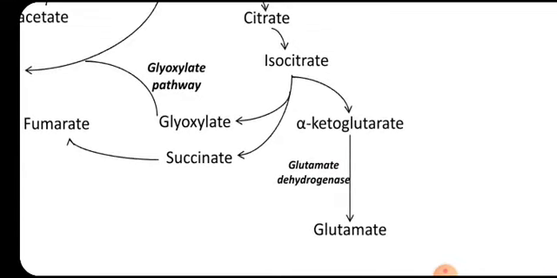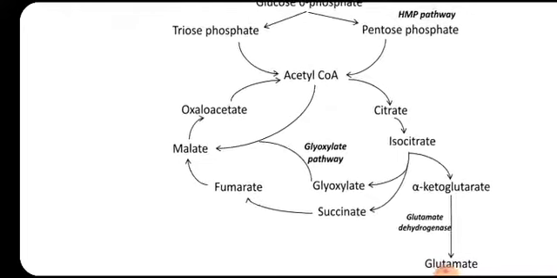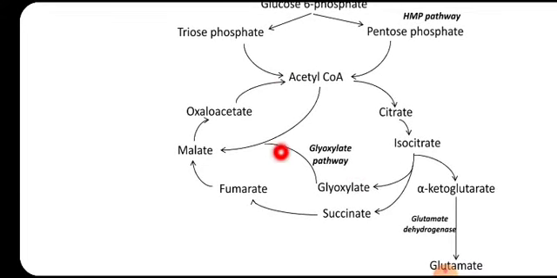So this is the pathway for the synthesis of glutamate. It is synthesized from alpha ketoglutarate, which is formed from isocitrate, the intermediate of this pathway. Now you see, this is not the TCA cycle. This is the glyoxylate pathway. If the TCA cycle is not working, the other pathway that works is the glyoxylate pathway. What happens in the glyoxylate pathway?